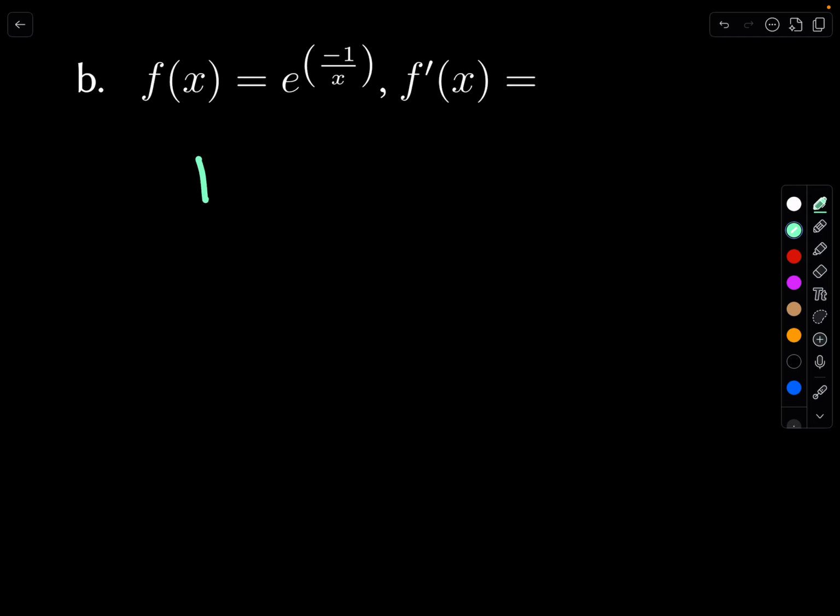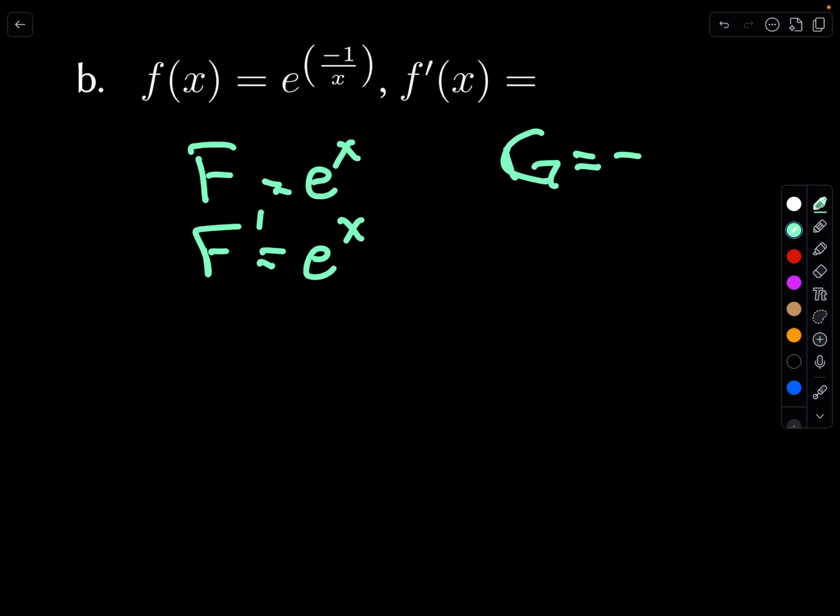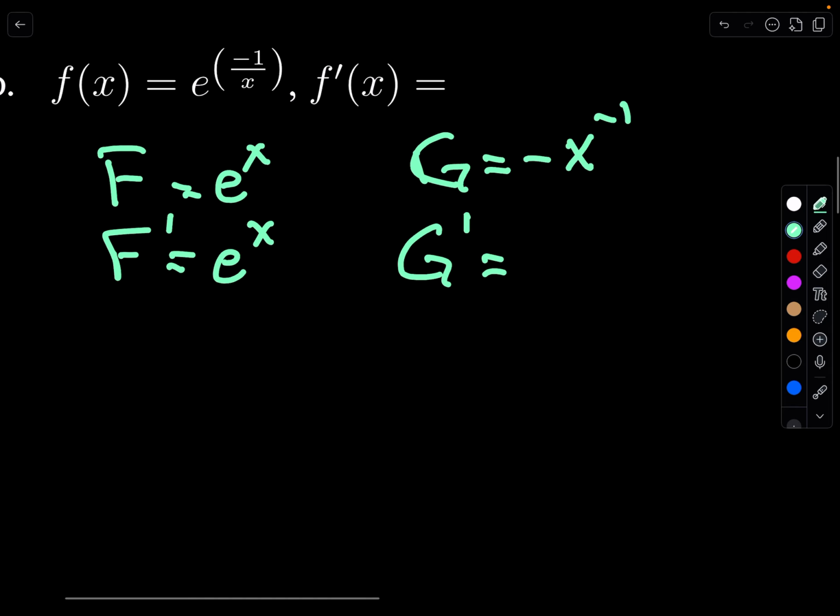So for this one, the same issue here. Here the g is negative x to the negative first power. I'm just going to write it that way. And so g prime is going to be positive x to the negative 2 power.